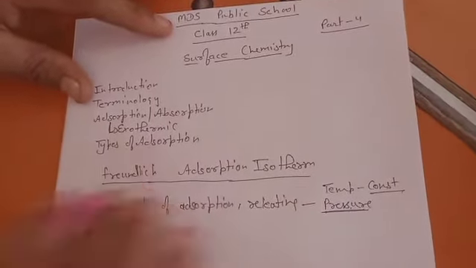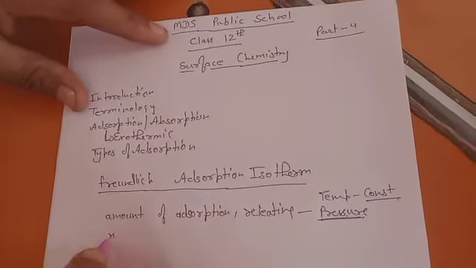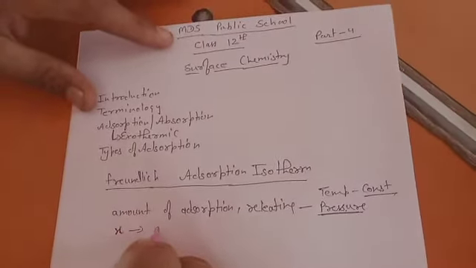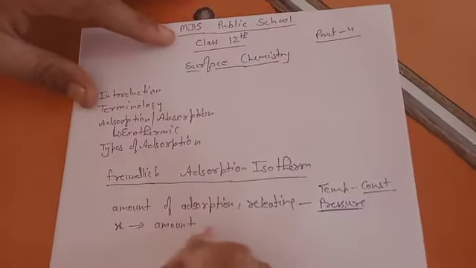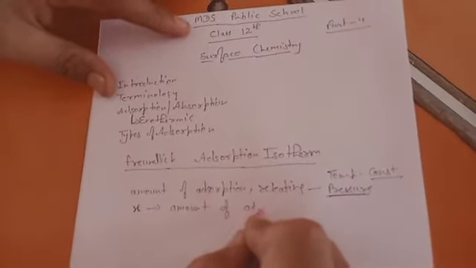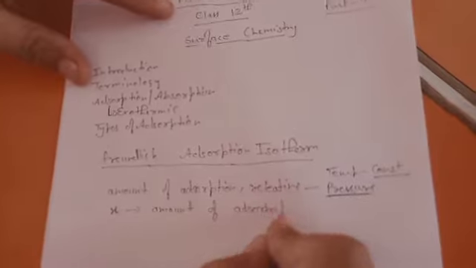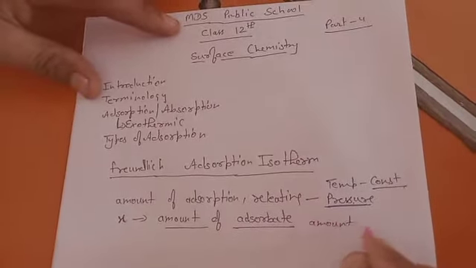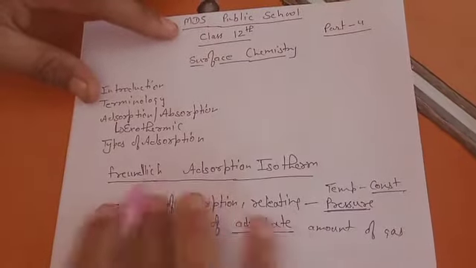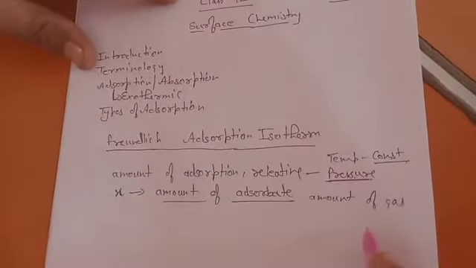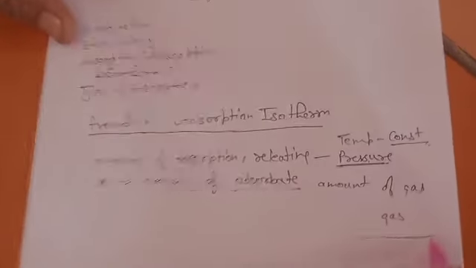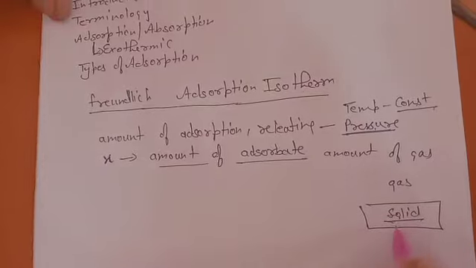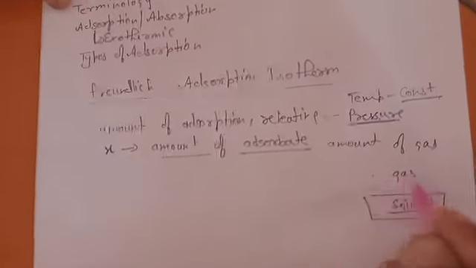He is going to use some variables. The first variable he is using is x. x is the amount of adsorbate, that is, the amount of gas. In this Freundlich isotherm, he is relating a quantitative relationship when a gas is adsorbing on the surface of a solid adsorbent, with the gas surrounding it.